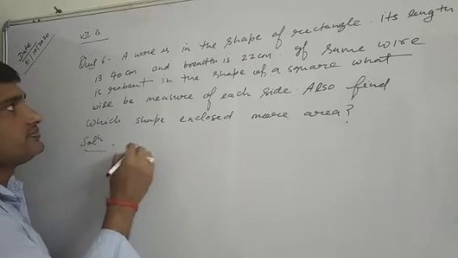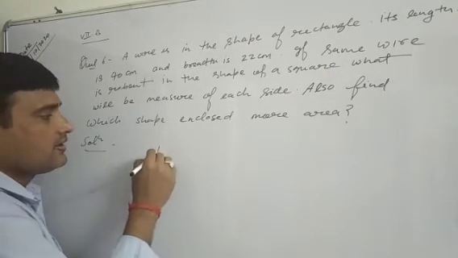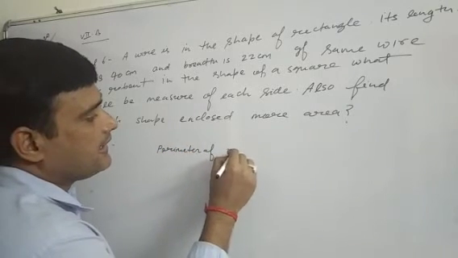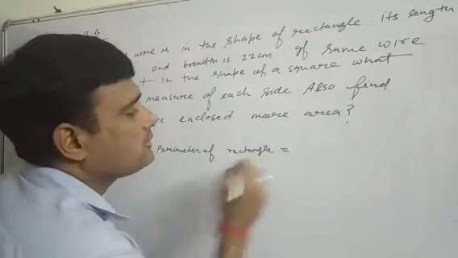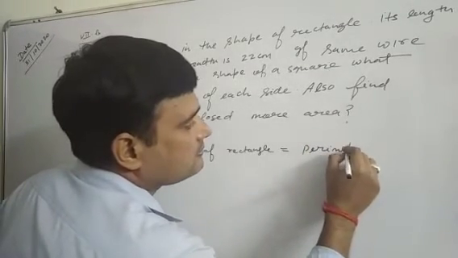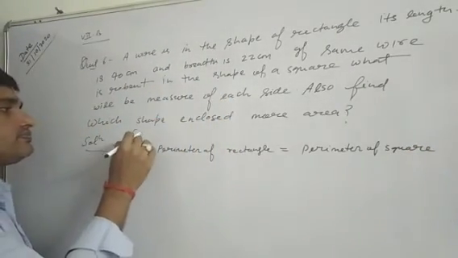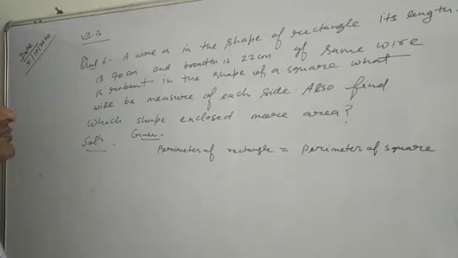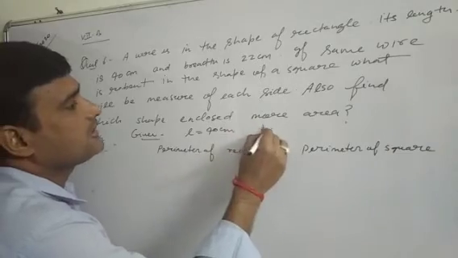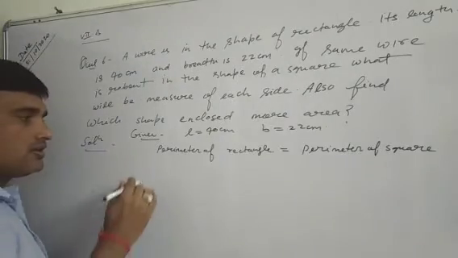Now in this case, perimeter of rectangle is equal to perimeter of square. Given length of rectangle 40 centimeter and breadth 22 centimeter. Understand?